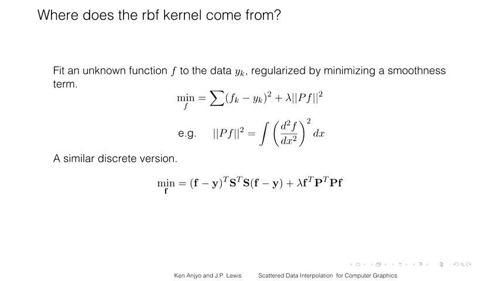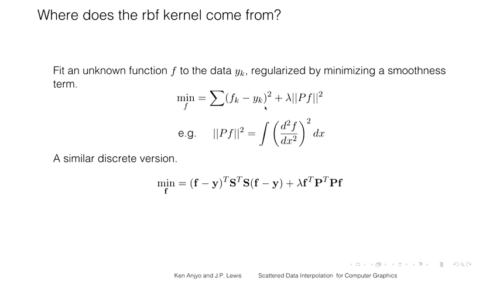And the second simplification is maybe it's one-dimensional. So we have a one-dimensional function that we're solving for. So that's f sub k is samples of this one-dimensional function. Y sub k are the available data. And those data are sparse. We don't have data at every point, otherwise we'd already know what the function is.